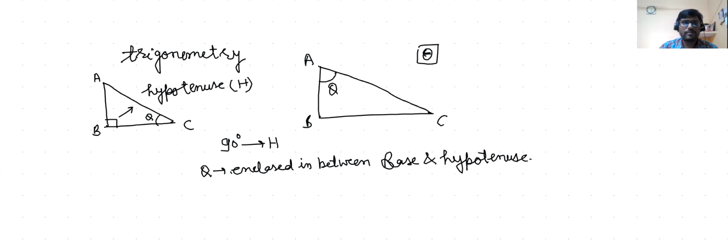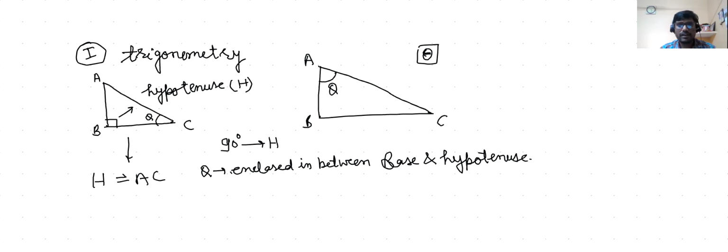In the first triangle ABC, the hypotenuse H is equal to AC. Angle theta is always enclosed between the hypotenuse and base. In the first triangle, theta is enclosed between the lines AC and BC.